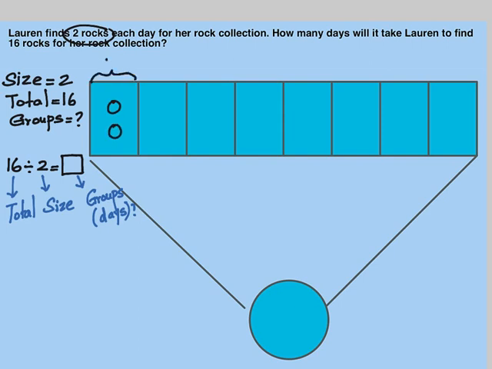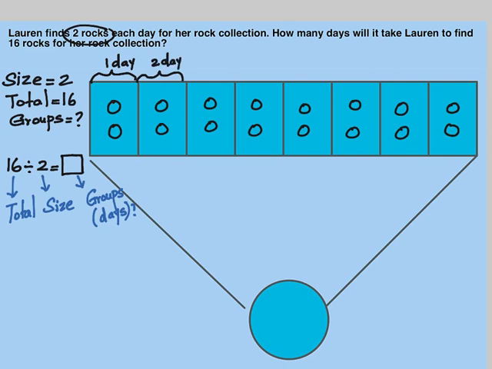So this is one day that she collected. 1, 2, 3, 4, 5, 6, 7, 8, 9, 10, 11, 12, 13, 14, 15, 16. Okay, so 16 rocks. Let's count the days that she took. This is the second day she collected, and this is the third day she collected.